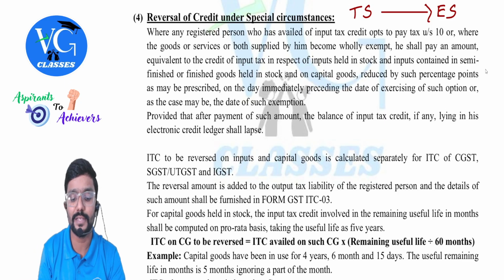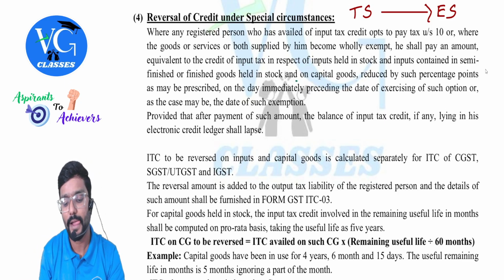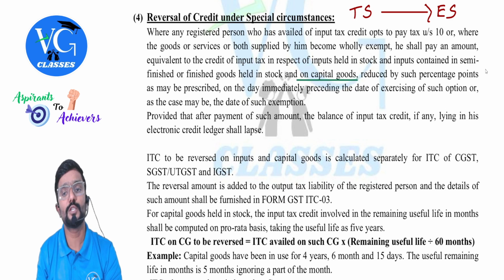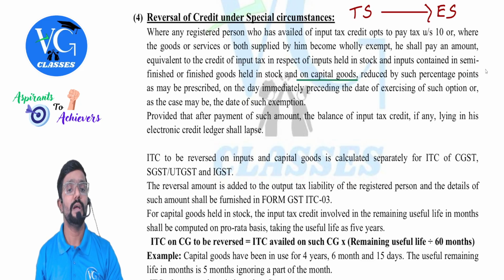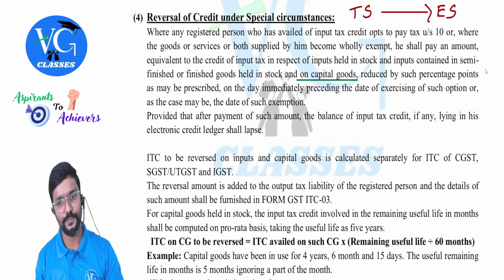Here also capital goods covered? Yes. Reduced by such percentage points as may be prescribed, on the day immediately preceding the date of exercising of option, or as the case may be, the date of such exemption.